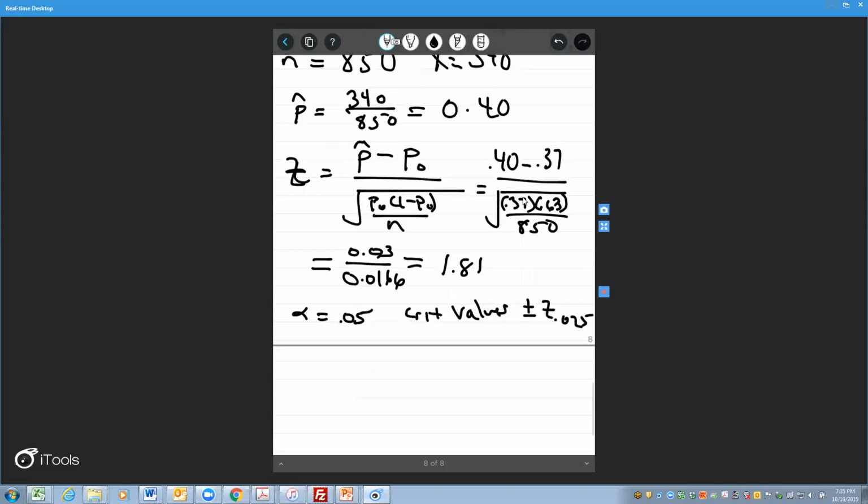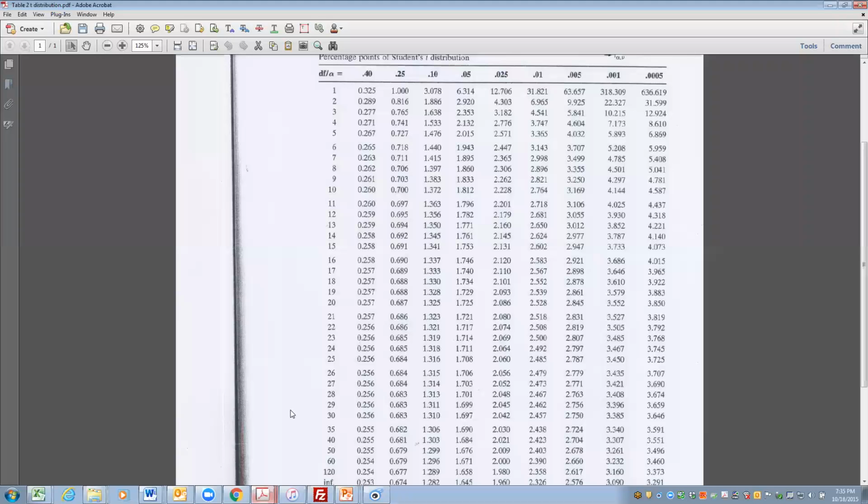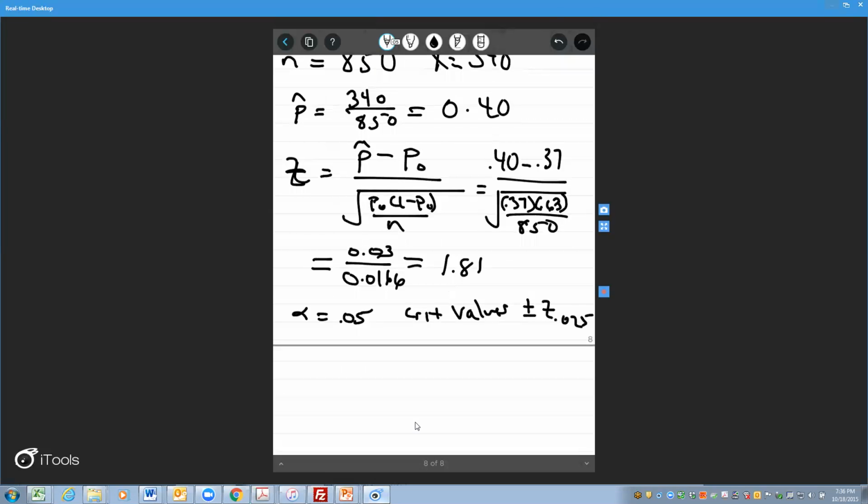I want to find the z value that goes with 0.025 because it's two-sided, so I have to split that 0.05 into two pieces. If I go back to my t table and look in the infinite row and the 0.025 column, I see 1.96. So I know that z is plus or minus 1.96.